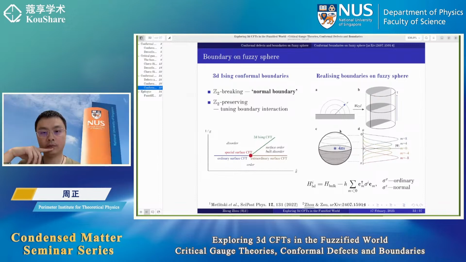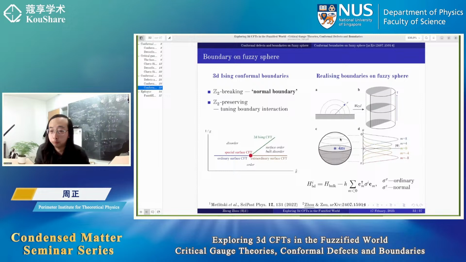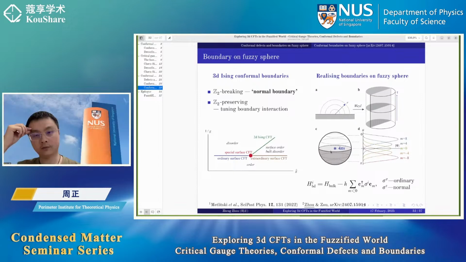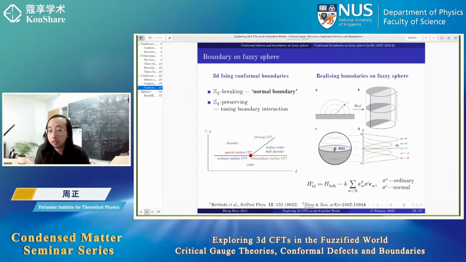So a defect in the shape of a cone should be quite interesting. For example, we can study the cone operators, that is, the operators living at the tip of the cone. We can also study the correlation functions of the bulk operators in the cone CFT.